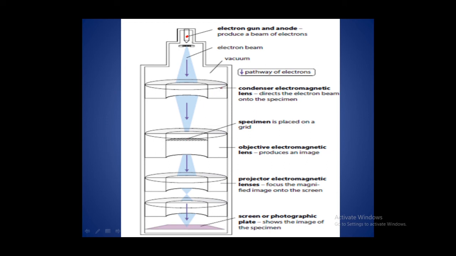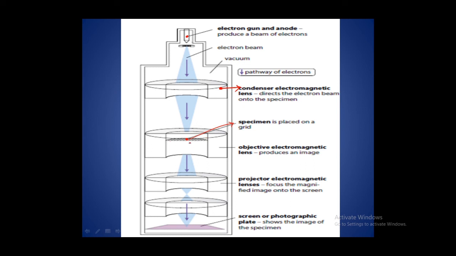So this, what you see here, is the condenser electromagnetic lens, and this is the specimen. All the electron beam will go onto the specimen here. This is the specimen, which is placed onto the grid, and you have an objective electromagnetic lens which produces an image.